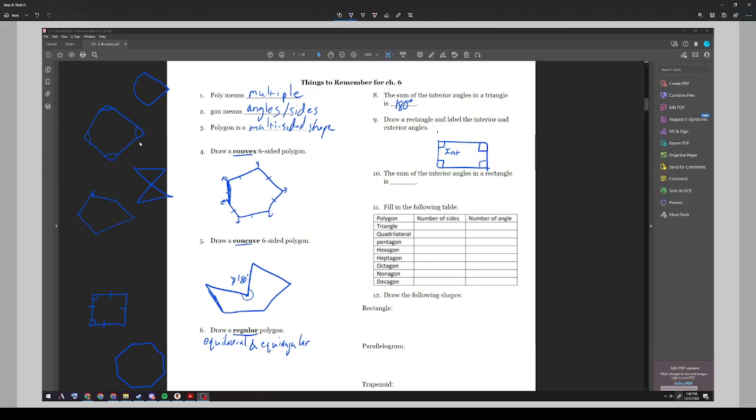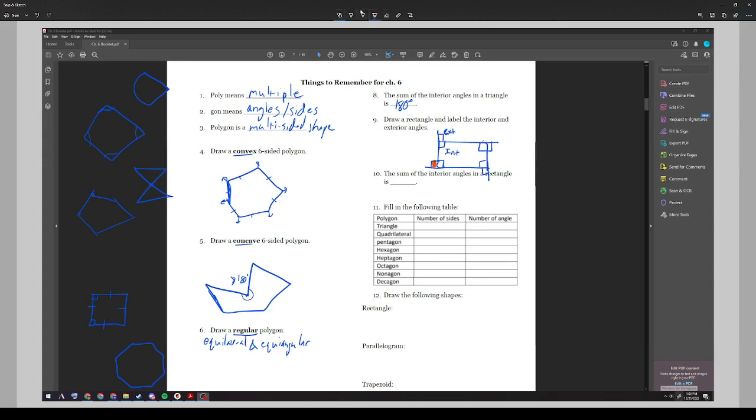So for example, if I extend this side here to form this exterior angle, then I want to go around. So I extended the left side. Now I want to go to the top side and extend it next, and then the right side, extend it, and then the bottom side and extend it. So I'm forming my exterior angles here, which I could have drawn in a different color.